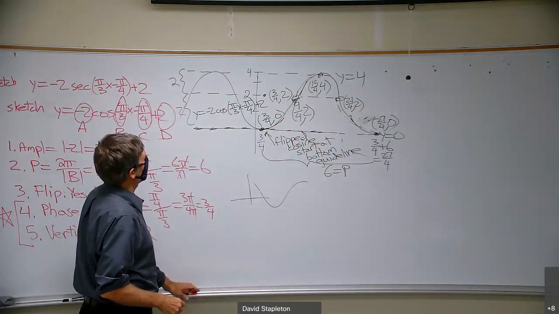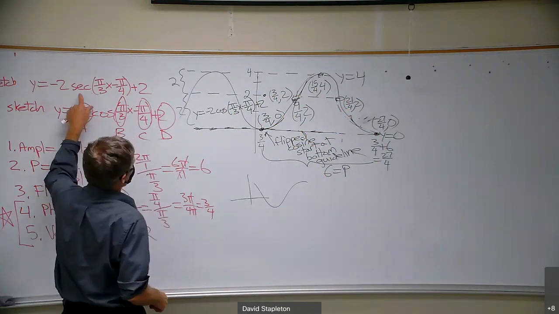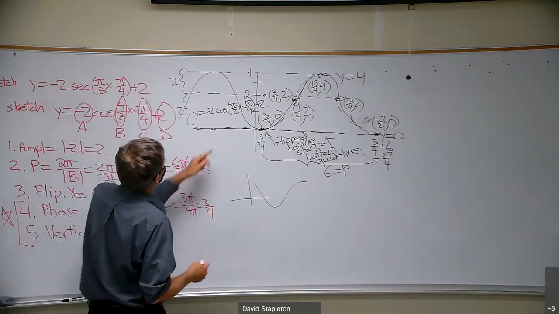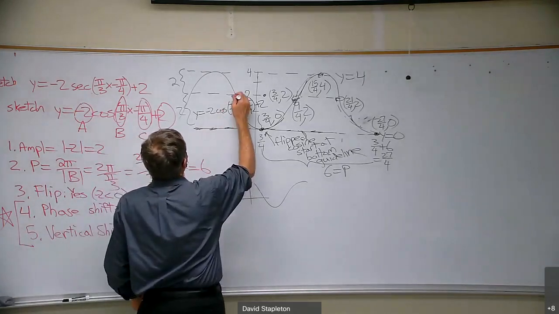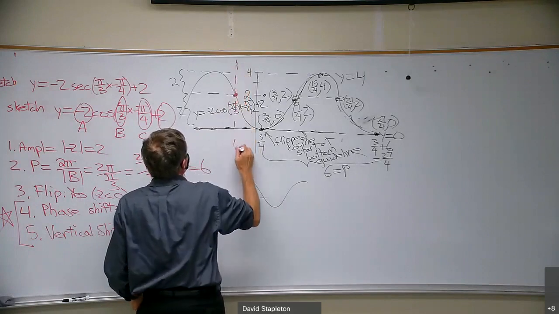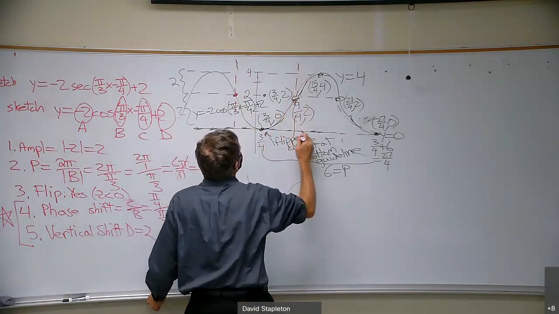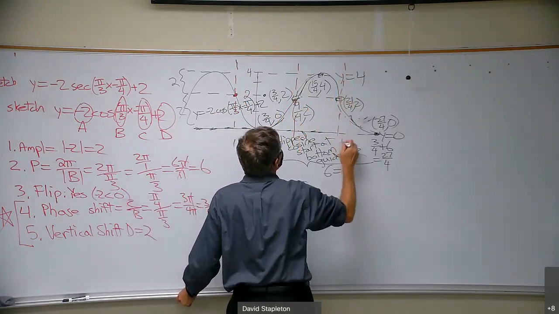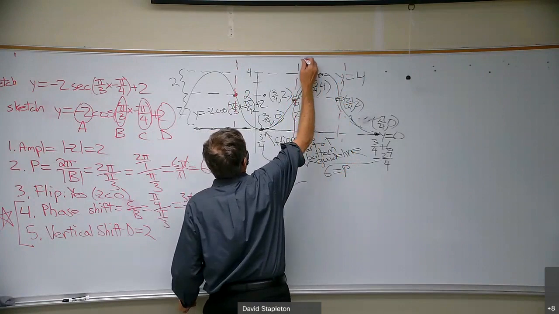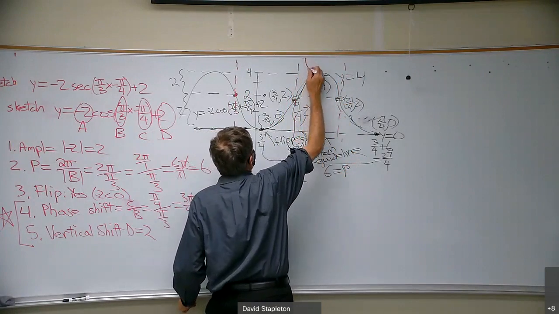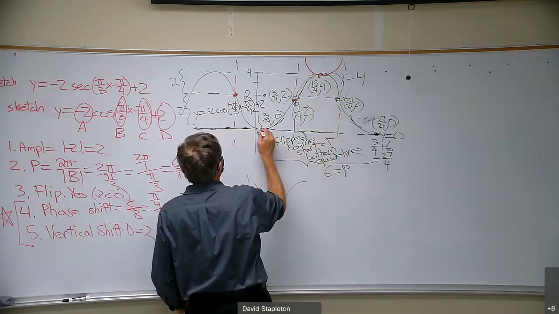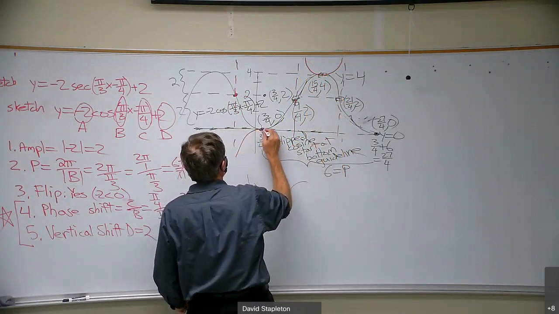Now, how do I sketch the secant with the same numbers? All I have to do is wherever the cosine crosses its midline, right here, I don't even need to plot a point, I draw an asymptote. And the secant, its reciprocal function, will then come down and touch the peaks of the cosine function that has the same numbers and the bottoms of the valleys.